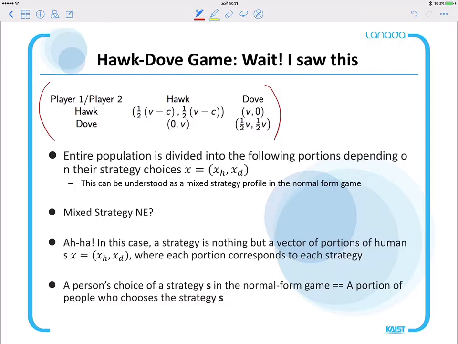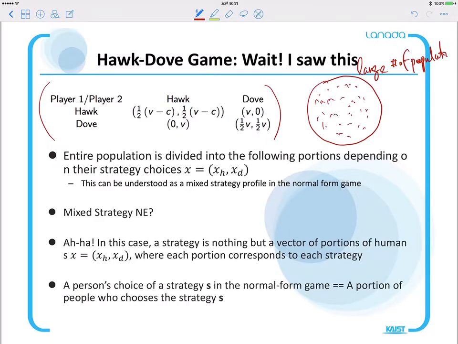Suppose that we have a large population, which means that there are infinitely many people or animals in this population. I call this the entire population. The entire population is divided into two portions depending on their strategy choices.